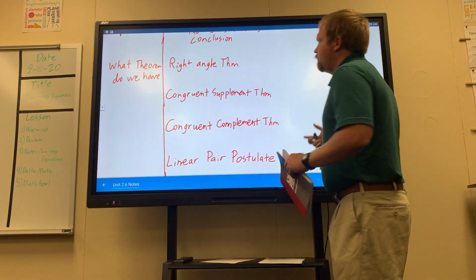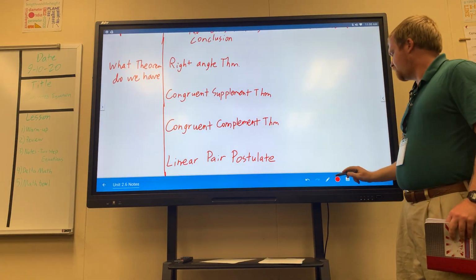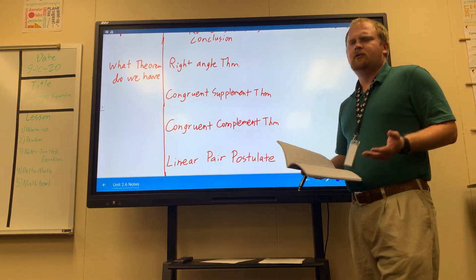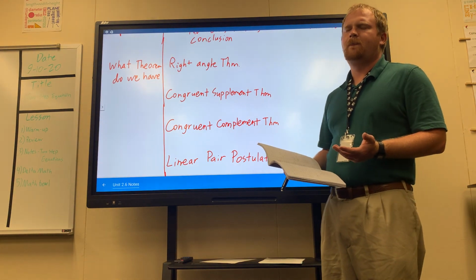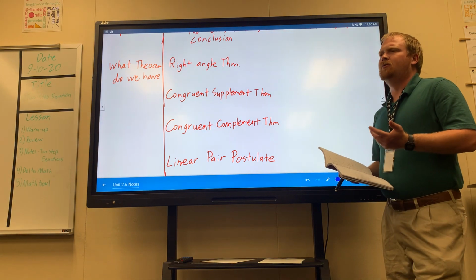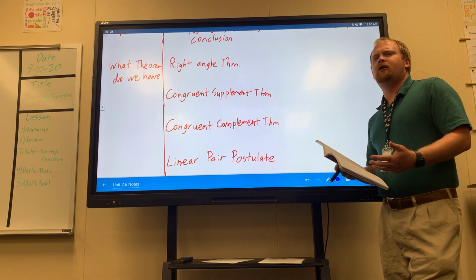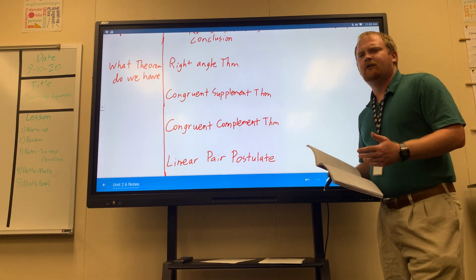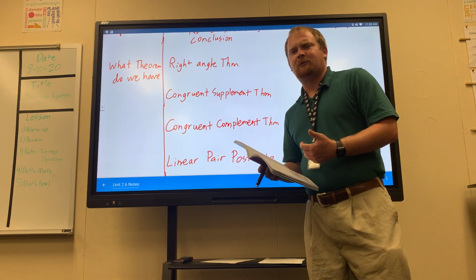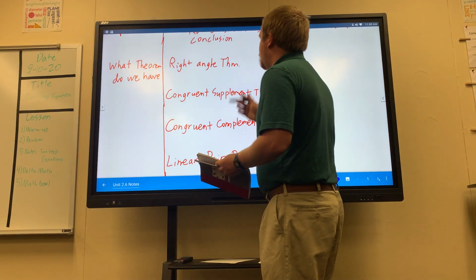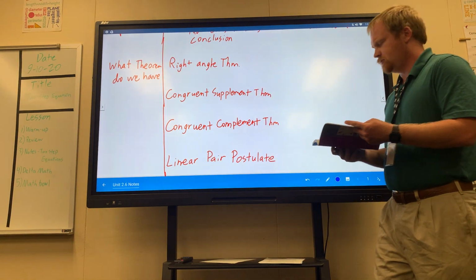Now, so again, there's different kinds of proofs. But in order to help us define proofs, sometimes we need to use theorems to help us out. And there are some theorems that have been given to us. So for example, the right angle theorem.